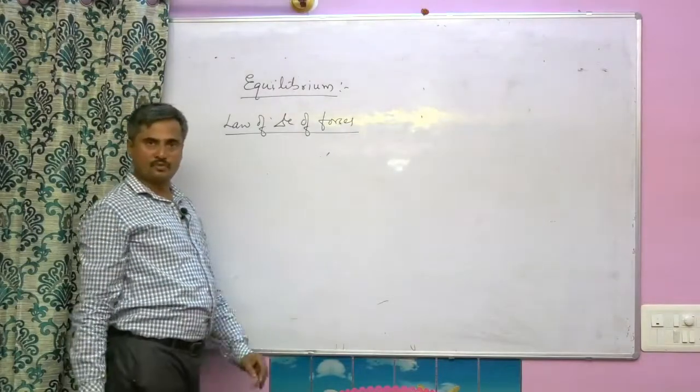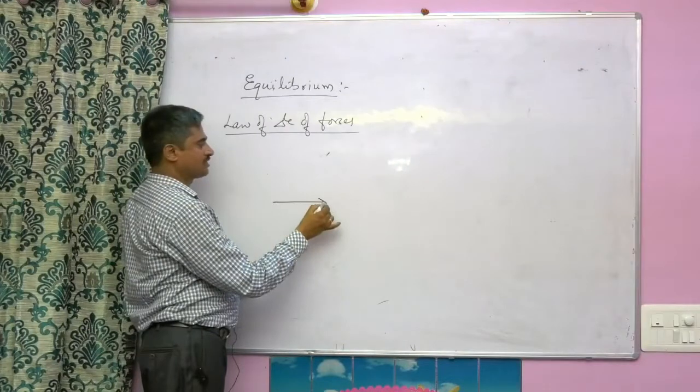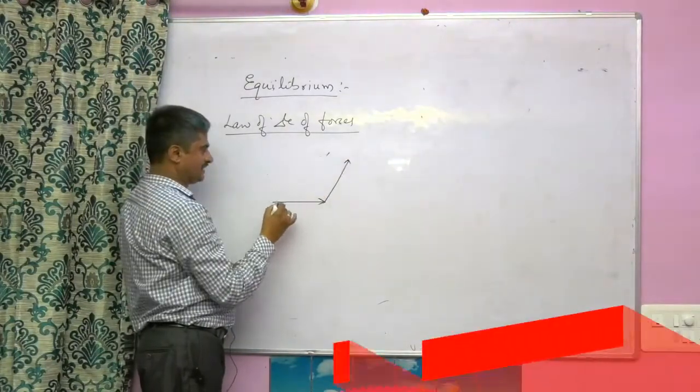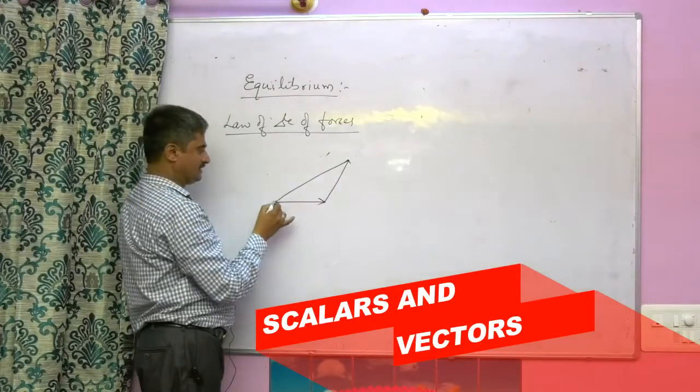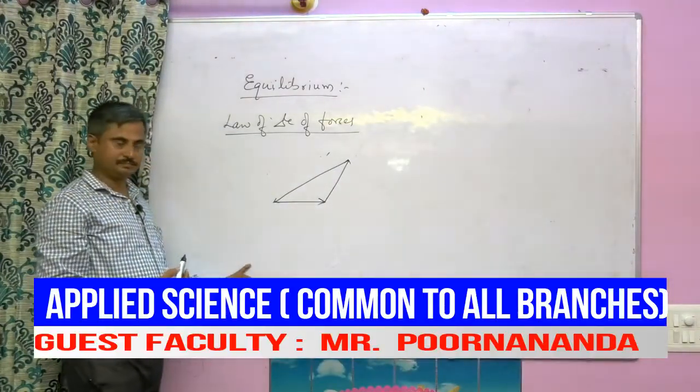What does the law of triangle of forces say? If three forces are in equilibrium, then they can be represented by the three sides of a triangle taken in order.